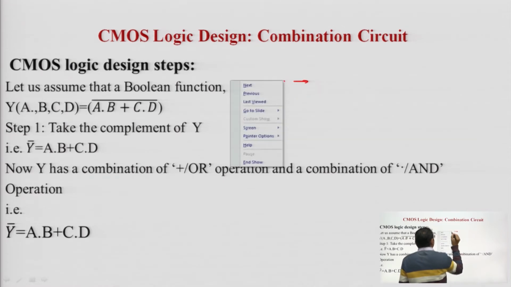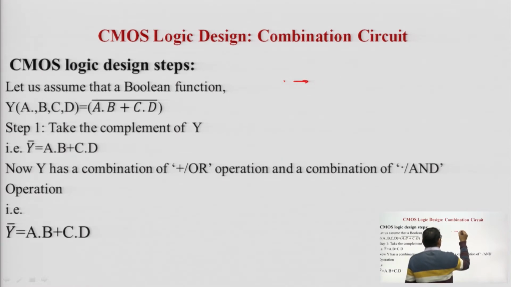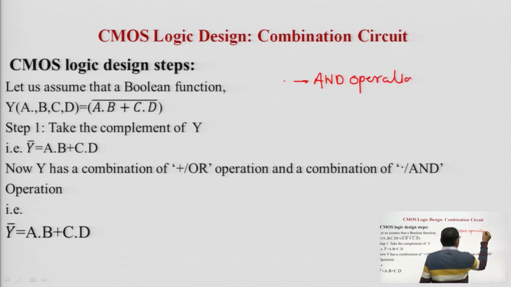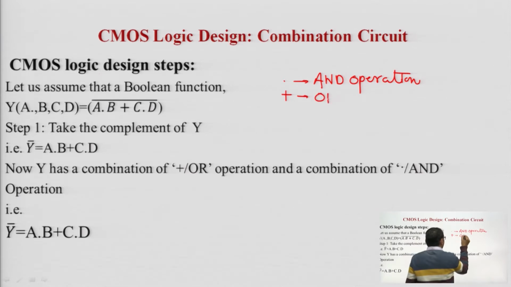This is the dot sign used for AND operation, and plus is OR operation.